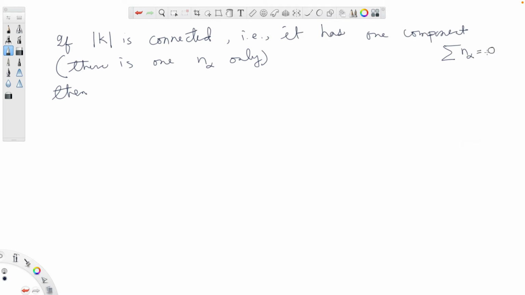So since there is only one n alpha, then we have n alpha is equal to 0. So that C prime, the zero chain with which C is homologous, is equal to n alpha V alpha, and this is 0, which implies that the kernel of epsilon is trivial, right? So an arbitrary element of the kernel of epsilon is 0, which means that the kernel of epsilon is trivial.